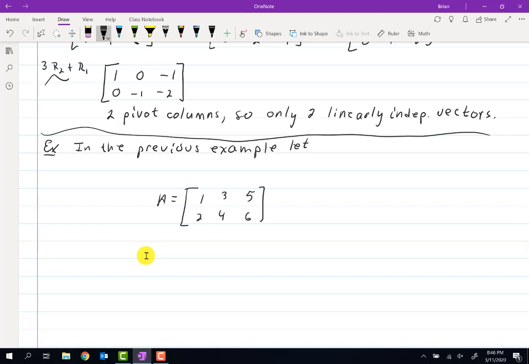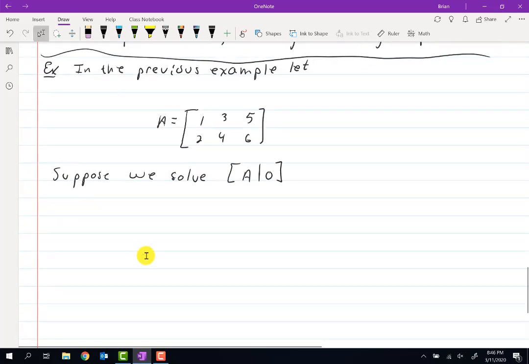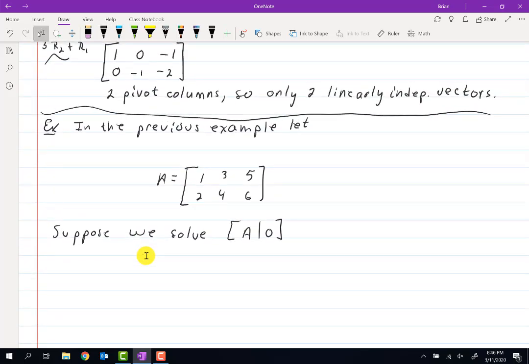And suppose we solve the augmented matrix A with 0. That means we would have ended up with 1, 0, 0, negative 1, negative 1, negative 2, 0, 0.